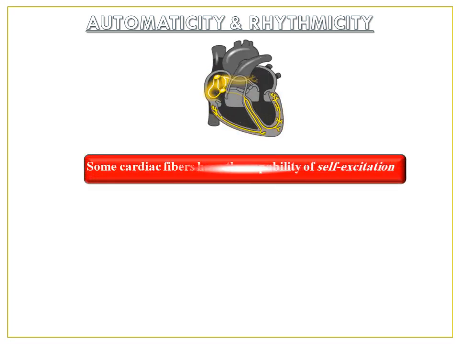Automaticity and rhythmicity. The SA node and AV node and other parts of the conductive system, all parts of the conductive system, كل أجزاء conductive system have the capability of spontaneous genesis of action potentials. يولدن من وحدهن action potentials.